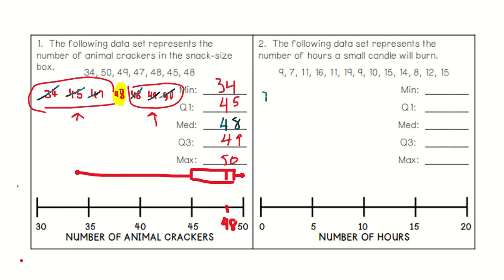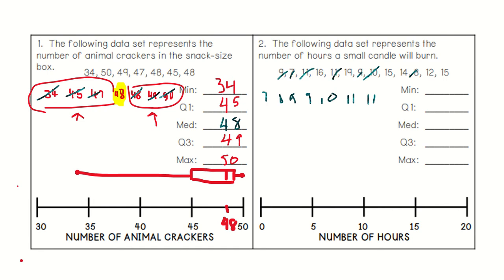Okay, 7, then 8, then 9, then there's another 9. Then there's a 10. Then there's 2 11s.